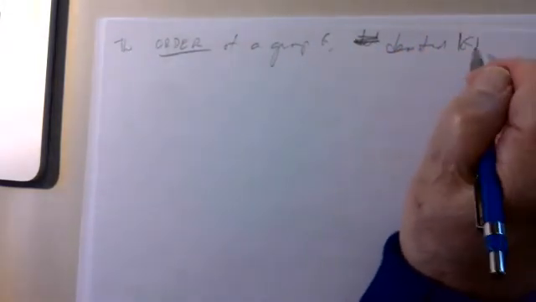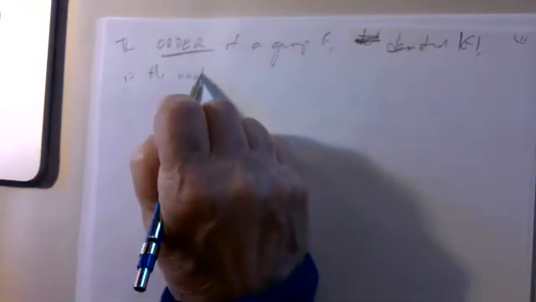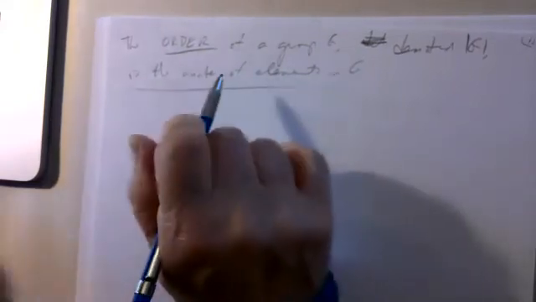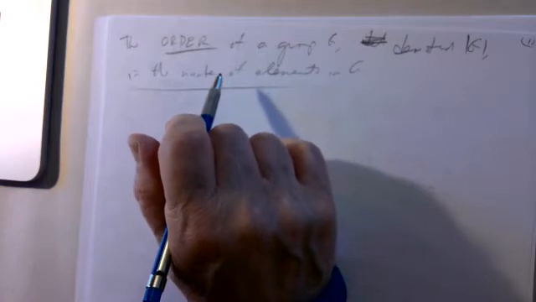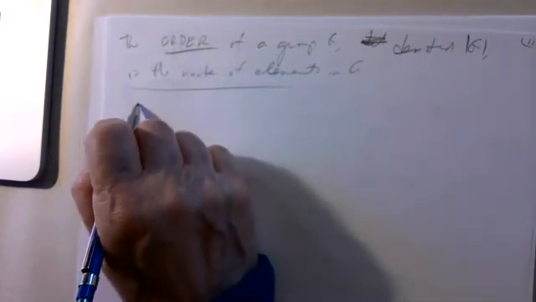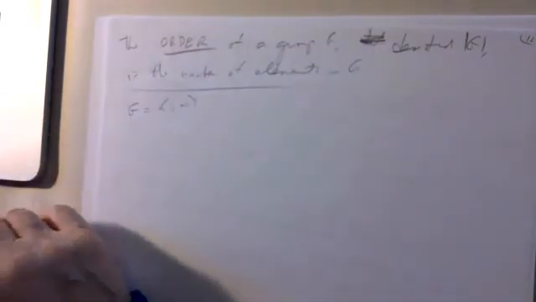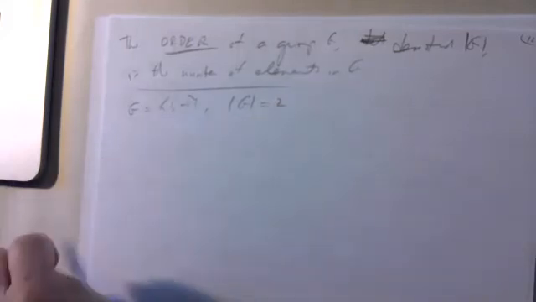The order of a group G, which is denoted by G with absolute value signs around it, is the number of elements in G. It's just the size of G. So for example, if you have the multiplicative group consisting of just the numbers 1 and -1, this is a group, because it's closed under multiplication and every element has an inverse. The order of this group is 2.